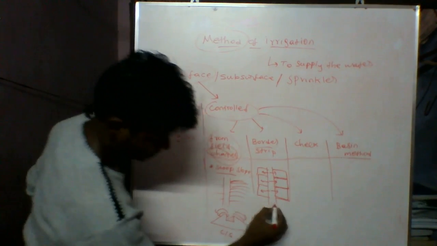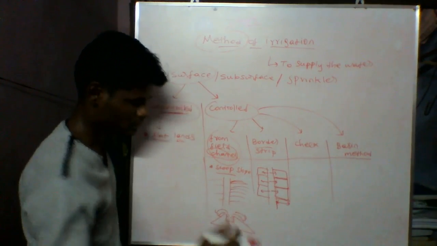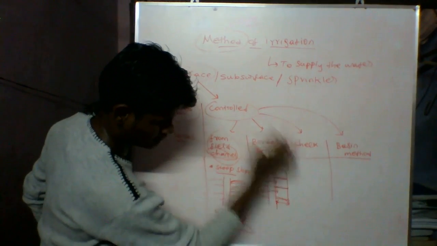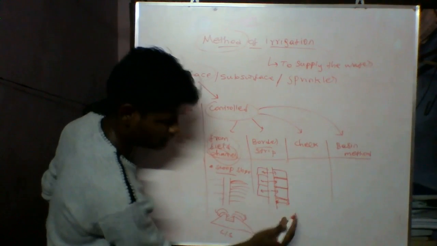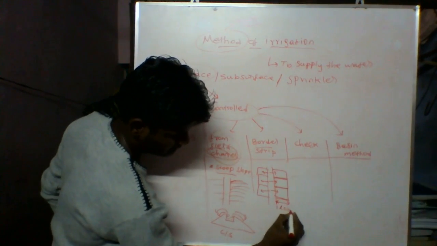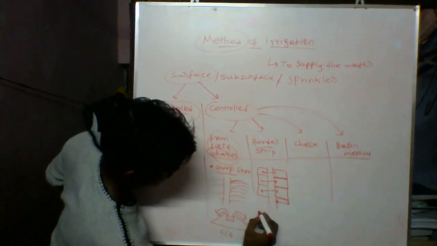So the important point is the length of the border strip. It's not visible, so I write here.